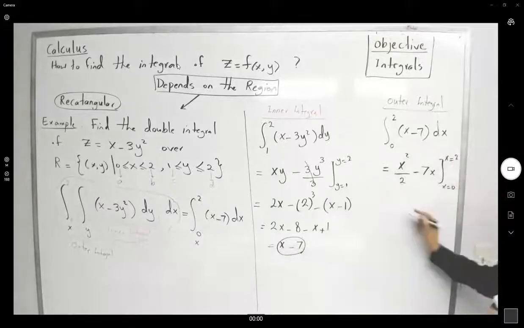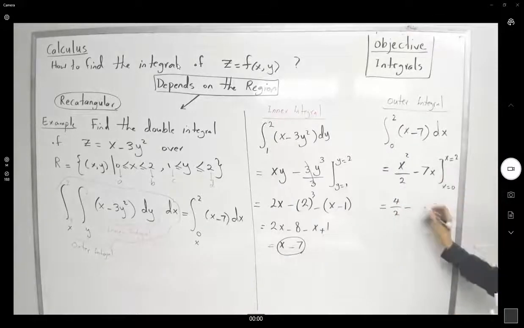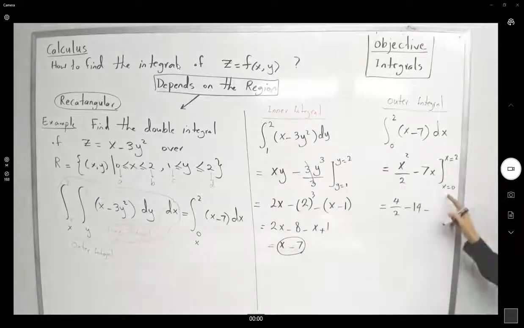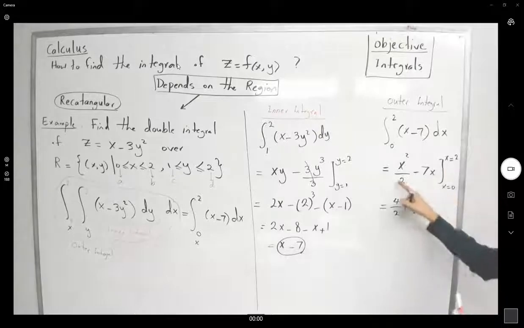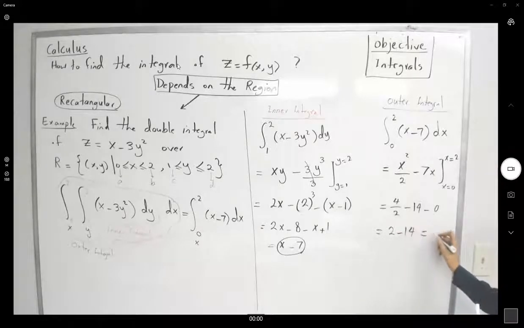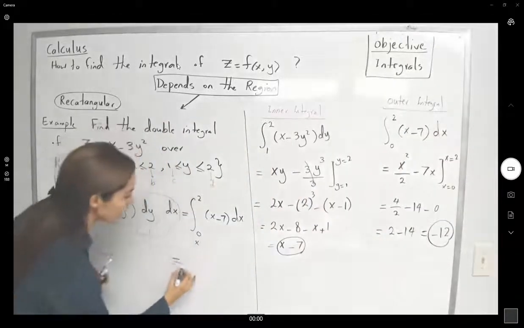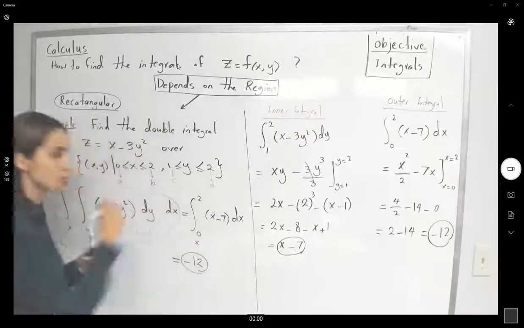If I plug in 2, I get 4 divided by 2 minus 2 times 7, 14, minus. When I plug in 0, I get 0 minus 0, or just 0. So what I have is 2 minus 14, which is negative 12. So this double integral is minus 12.